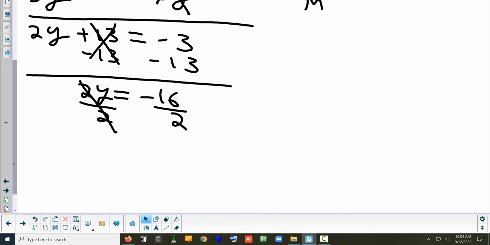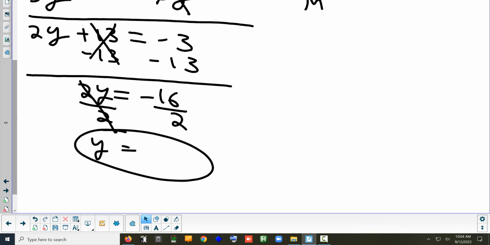That's gone. And Michael, can you tell me what I get? Negative 8. Negative 16 divided by positive 2. Negative divided by positive is a negative. And 16 divided by 2 is 8. So negative 8.